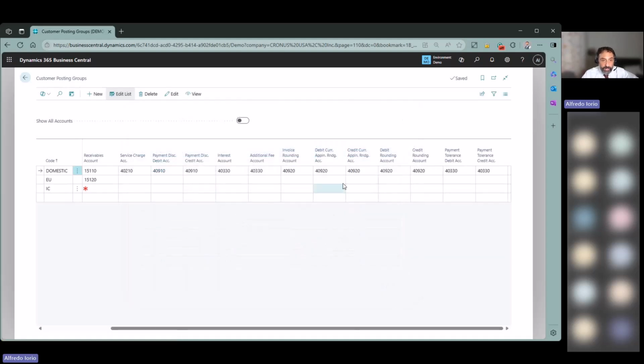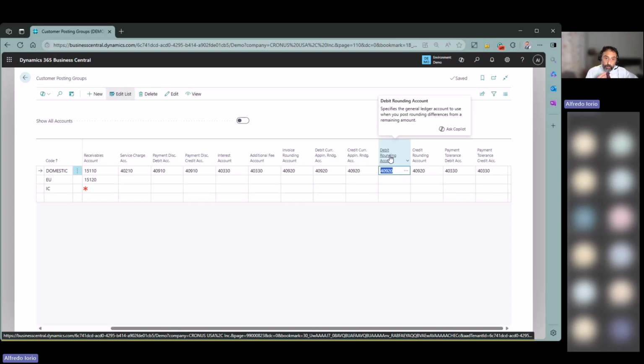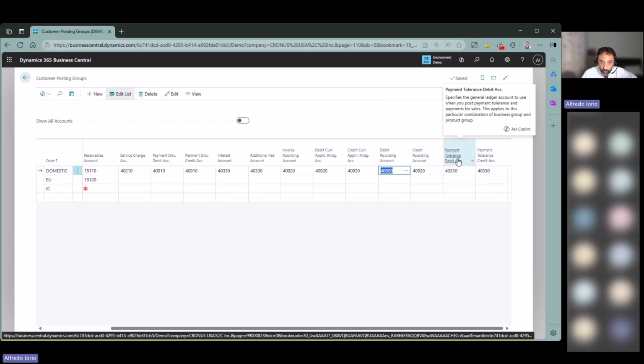Debit currency application rounding, again, for foreign currency. Debit rounding account, this is about when you give your client rounding for the application for the remaining amount in the same currency. And here you have the payment tolerance.